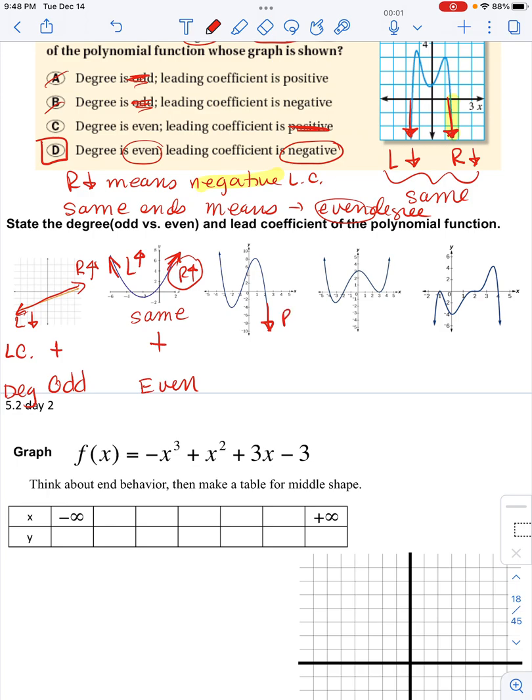Right end goes down. Left end here goes up. So I took a look at this. That tells me that my leading coefficient is going to be negative. Since they're doing the opposite of one another, this is odd. So try the next two, just kind of walk through them in your mind.